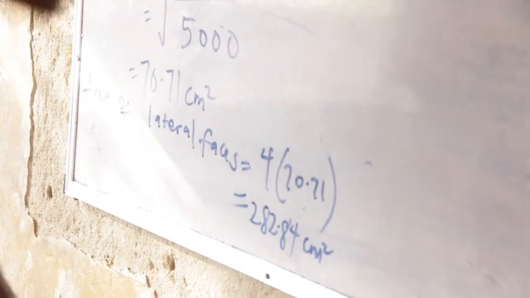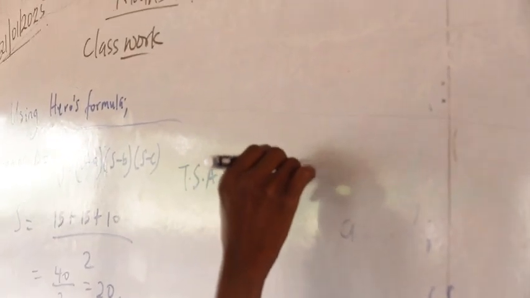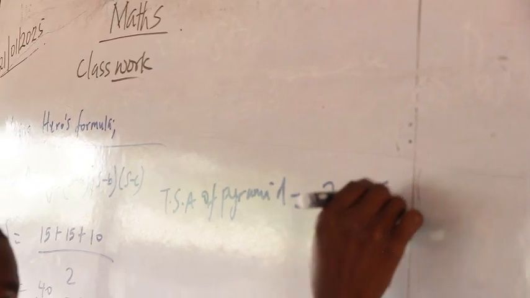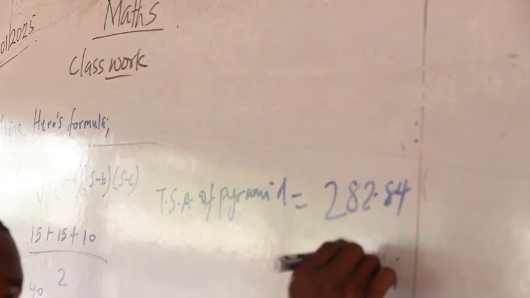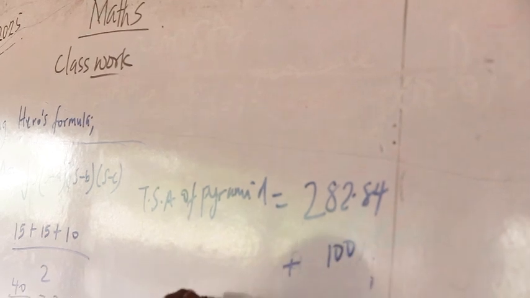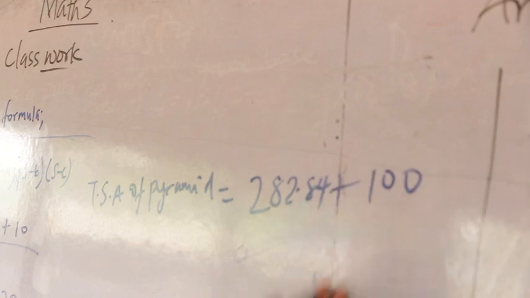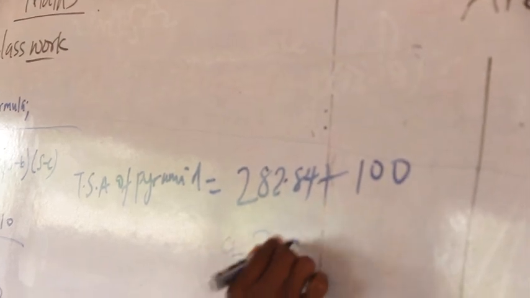We have TSA of the pyramid. Just write TSA of pyramid. TSA of pyramid is equal to that. Don't write it like a plus. Write that plus in front of that. Plus 100.